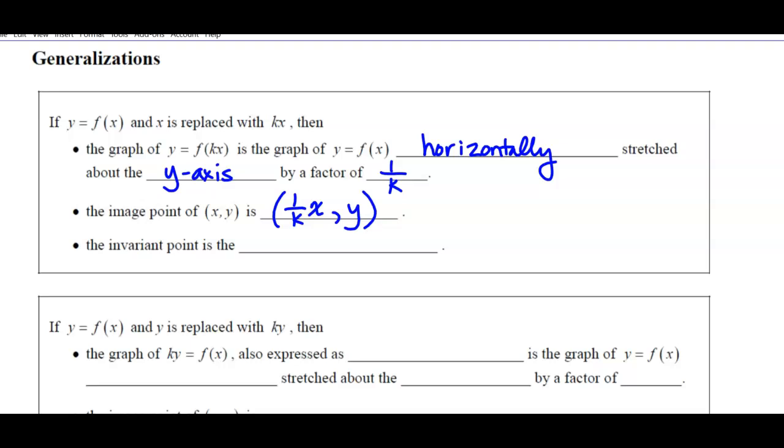Y-intercept, right? So the last one was vertical stretch, which were x-intercepts. Now we're going this way. Playing the accordion, the middle stays the same, right? So anything on the y-axis. Now, if we're dealing with a function, there's a maximum of one y-intercept. Okay, so the invariant point is the y-intercept.